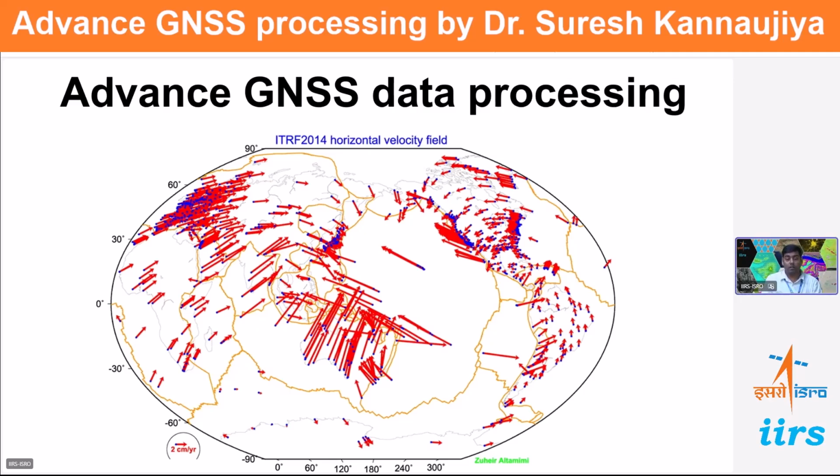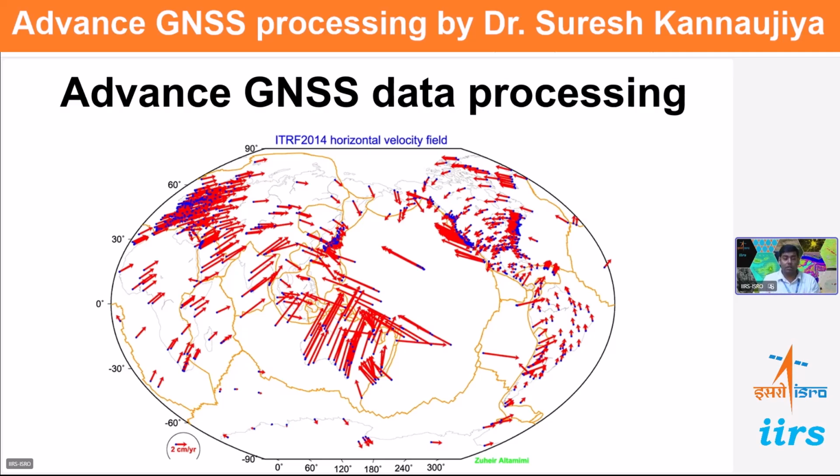So in this image, this is the background of your advanced GNSS data processing. I will be going through this flow in detail in the subsequent slides. Here you can see the global velocity estimate in millimeter accuracy, shown as vectors. The movement is like 7 centimeter, 5 centimeter, 6 centimeter, 3 centimeter, 2 centimeter.